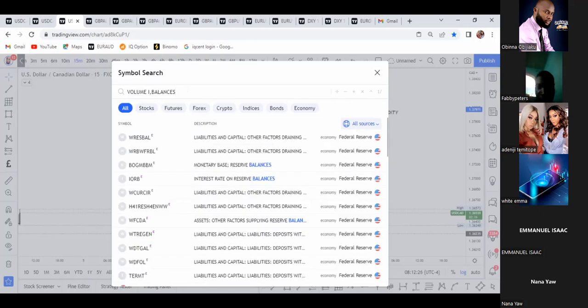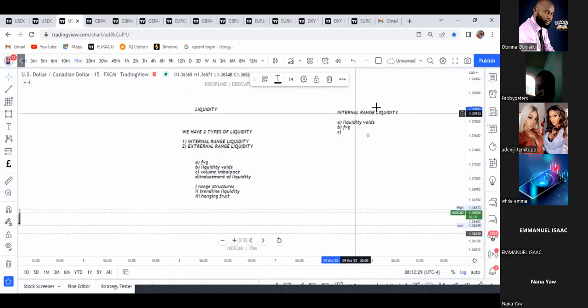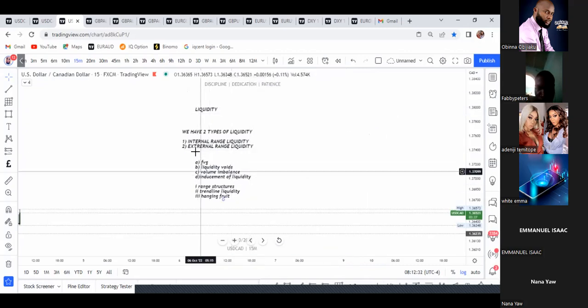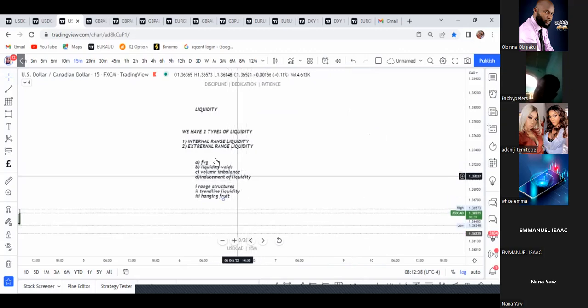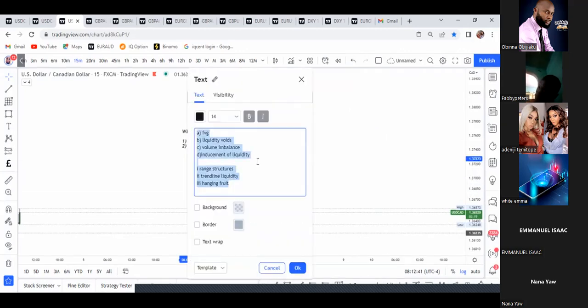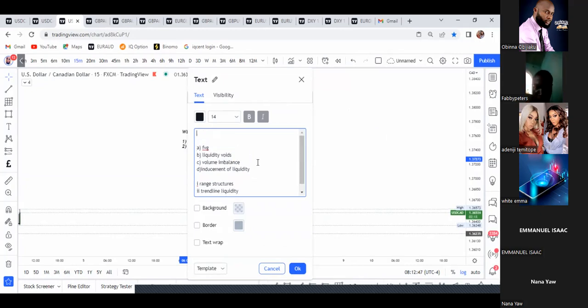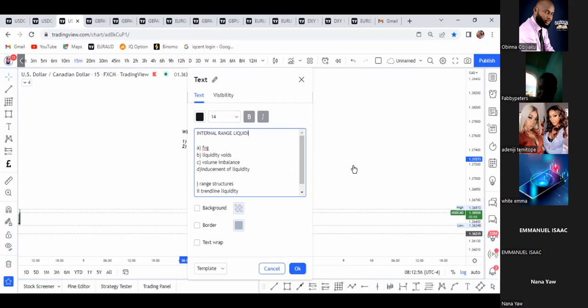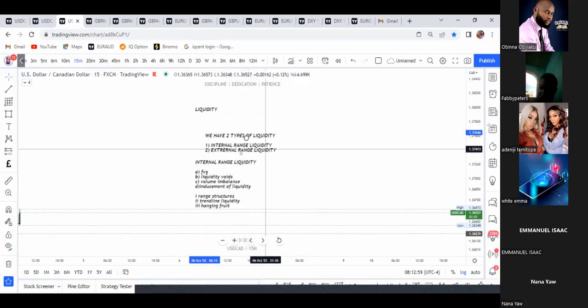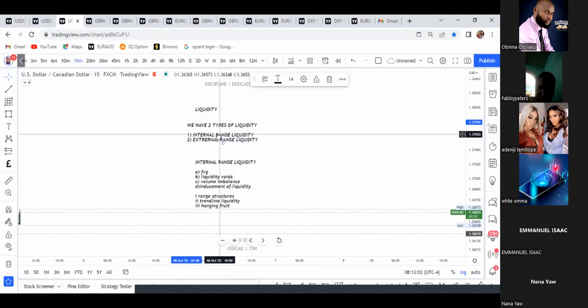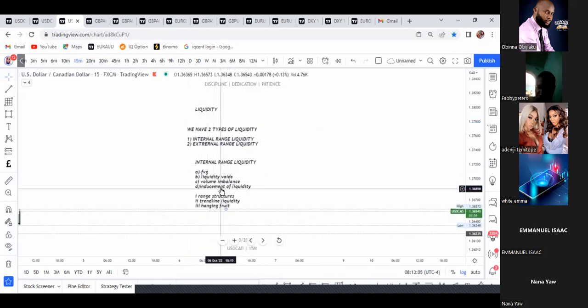Under internal range liquidity, we have fair value gap, liquidity void, volume imbalances, inducement of liquidity. All of these are under internal range liquidity. Can you see what I wrote now? All these are inside internal range liquidity. Now we're going to be doing fair value gap, liquidity void, volume imbalances, and inducements of liquidity today.